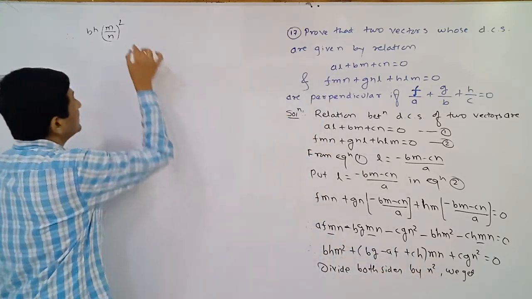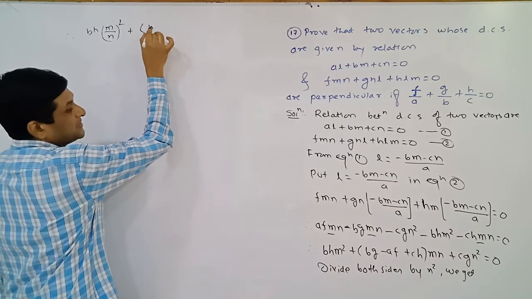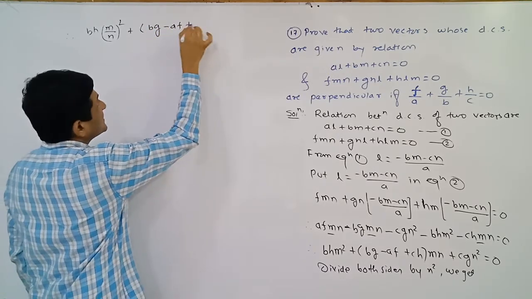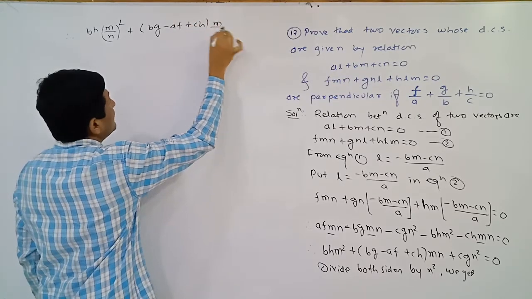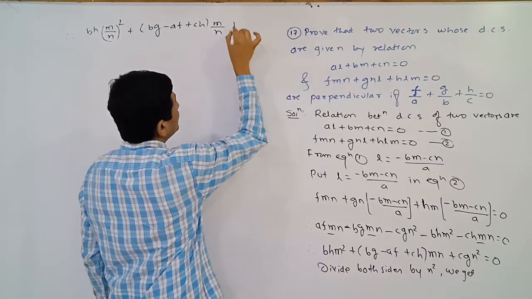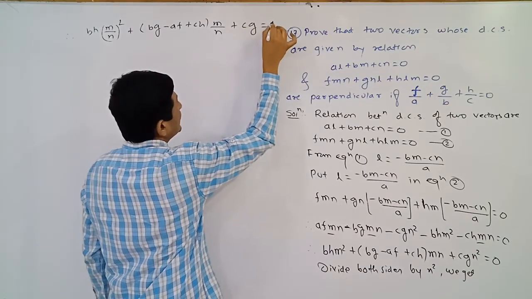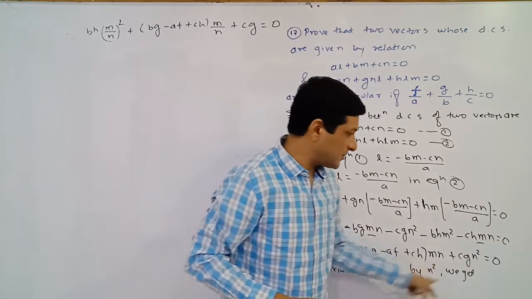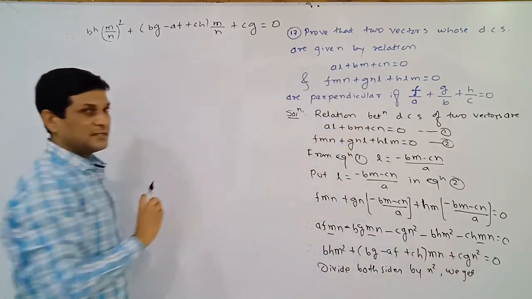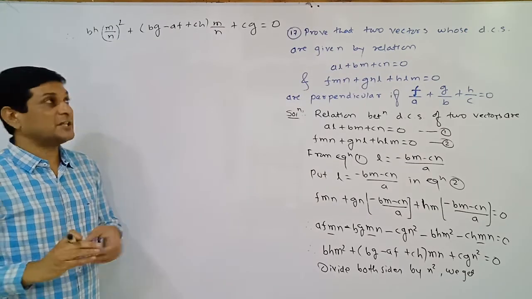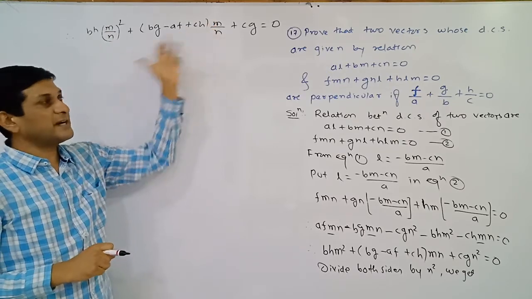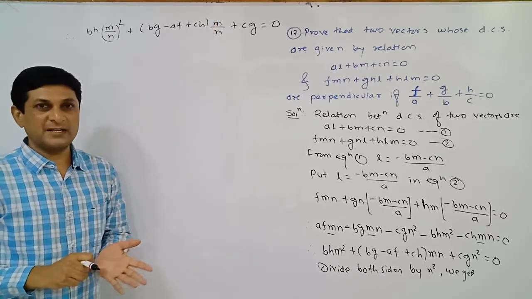Means what we are getting here? Plus BG minus AF plus CH, M upon N. And what is the last term? Plus CG N square. But if you are dividing by N square, this N square and N square will get cancelled. The remaining term is CG. On this side 0, keep it as it is. Now if you observe this equation, can I say that it is a quadratic equation in terms of M upon N?